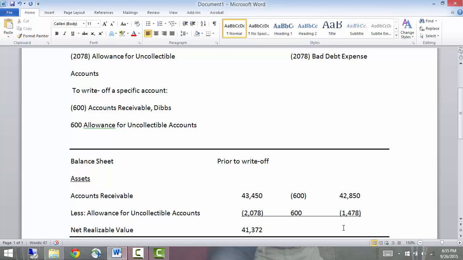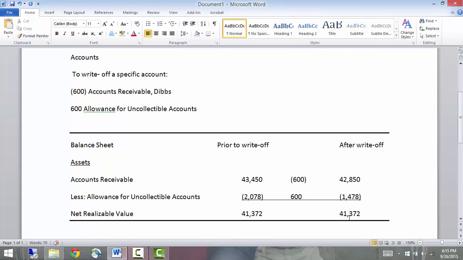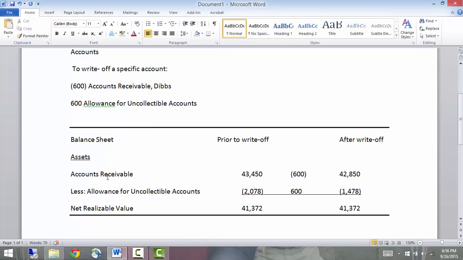So the net realizable value is 41,372. This is after write-off. So after we wrote off that specific account, it had no overall net effect on accounts receivable. We removed it out of accounts receivable, and then we also removed it out of our allowance for uncollectible accounts, so our net realizable value stays the same.